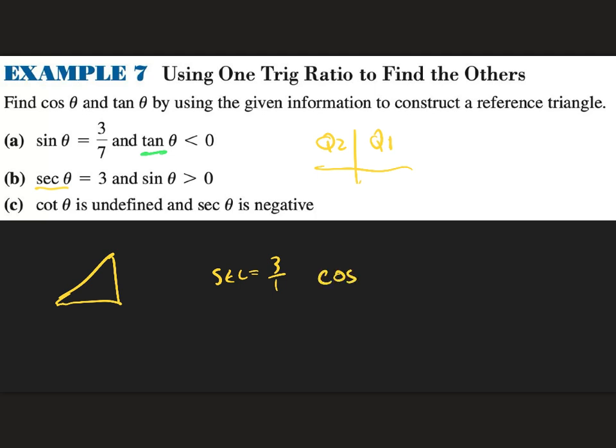So the secant goes with the cosine. That means it's 1/3. The x value is 1. The hypotenuse is 3. 3 squared minus 1 squared is root 2. No, it's root 8. Sorry, root 8. 3 squared minus 1 squared is equal to y squared. 9 minus 1 is 8, so that's root 8. Okay, boom.